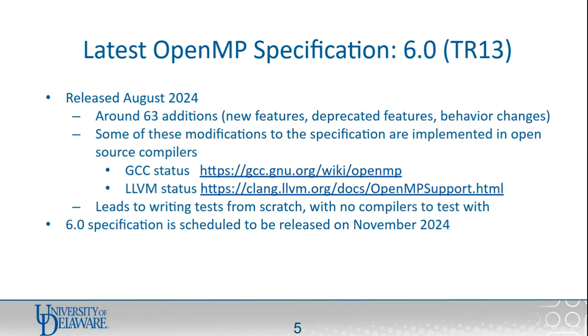Some of the new features in the specification have been implemented in open source compilers. The status of these implementations are available at their respective links. Because there are lacking implementations, it is difficult to test the features that have been introduced. In general, the 6.0 specification is expected to be released in November of 2024.